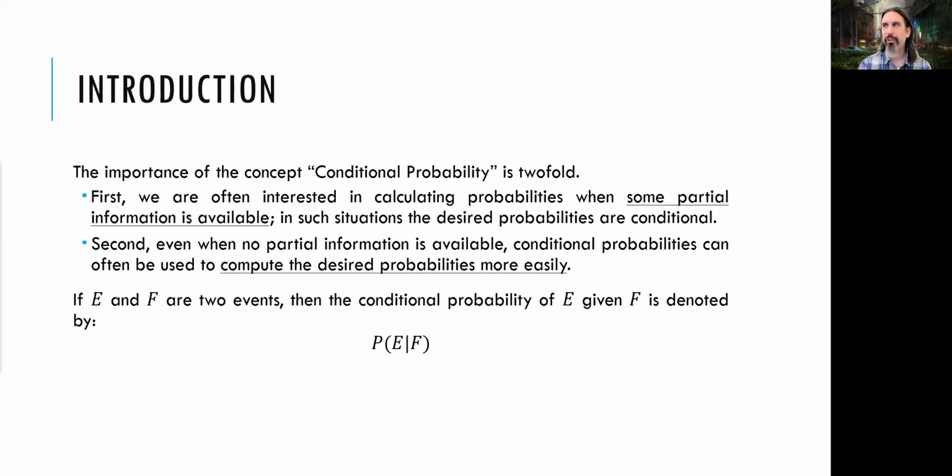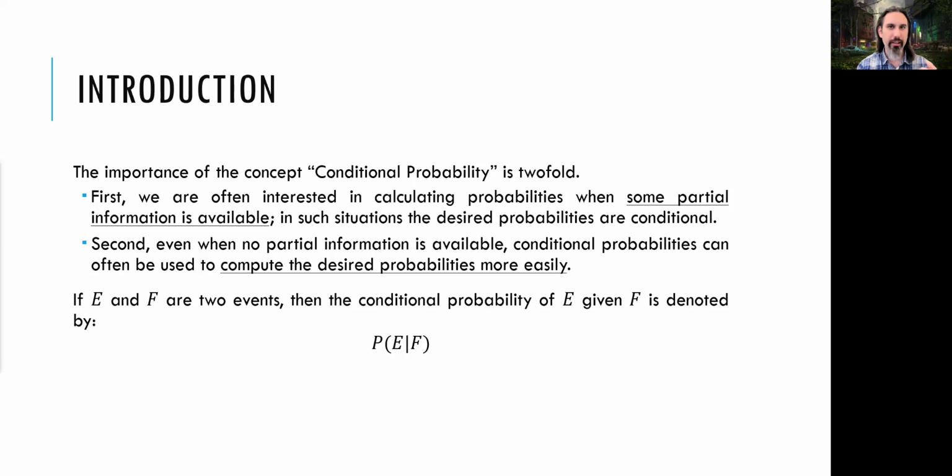Or we can try to calculate the probability of a difficult, complex event. We may try to break this event into two or more pieces, calculate the probability of each piece, and then put them back together to find the probability of the large, complex event.